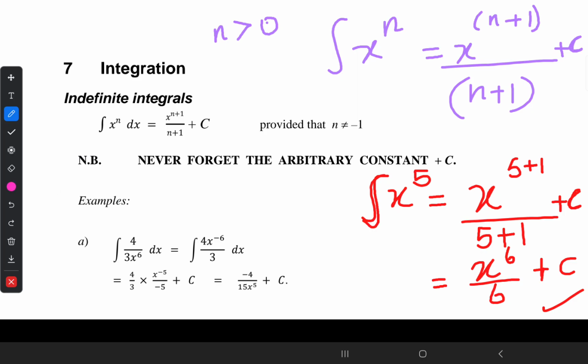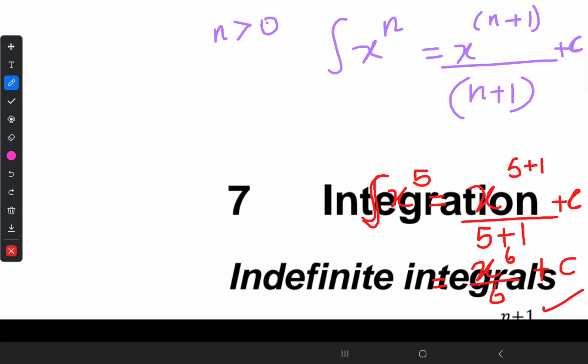When we deal with n greater than 0, we can directly use this method: the integral of x to the power n is x to the power of n plus 1 upon n plus 1, plus c. Now consider the situation where n is less than 0.